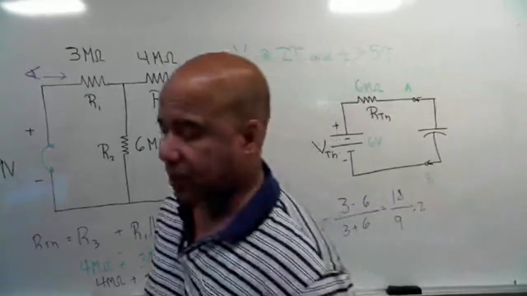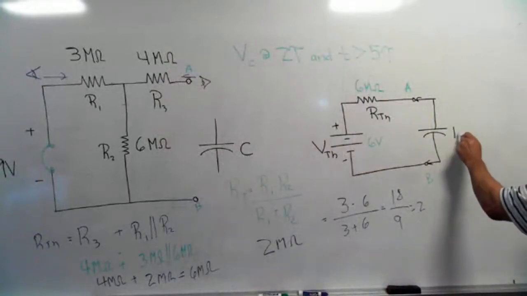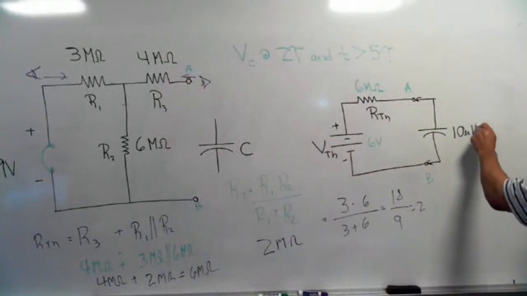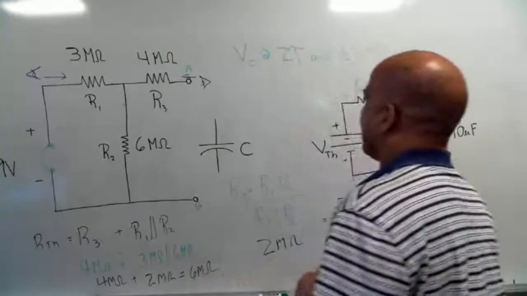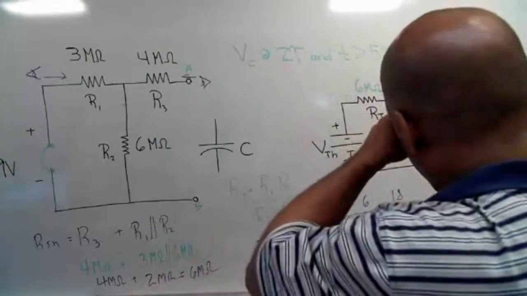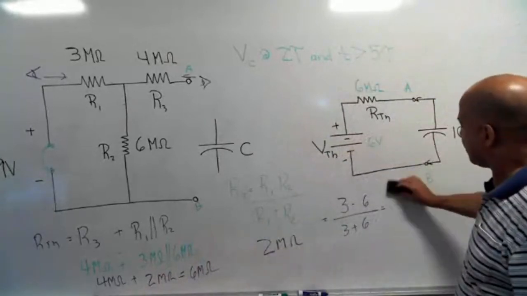Let me see what value cap. It's a 10 microfarad cap. So now, having Thevenized this, we are able to apply the same method that we looked at in the last class. We can use those equations.